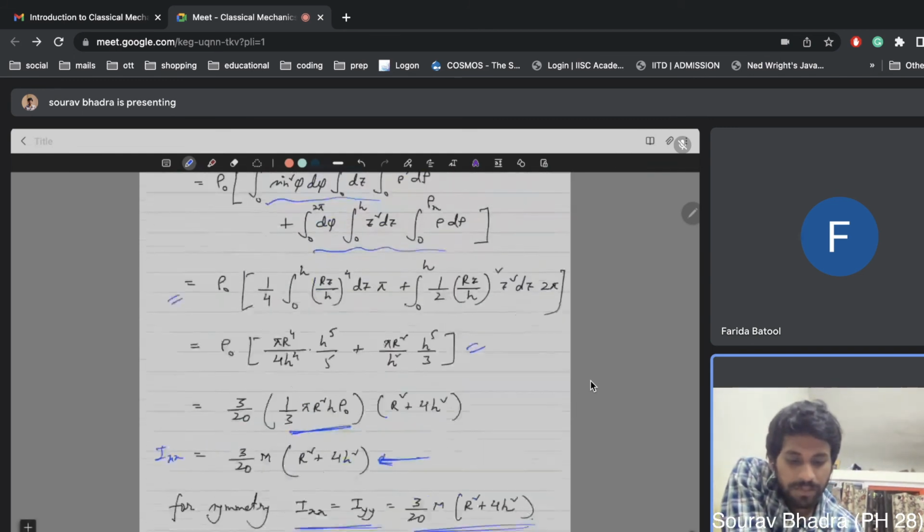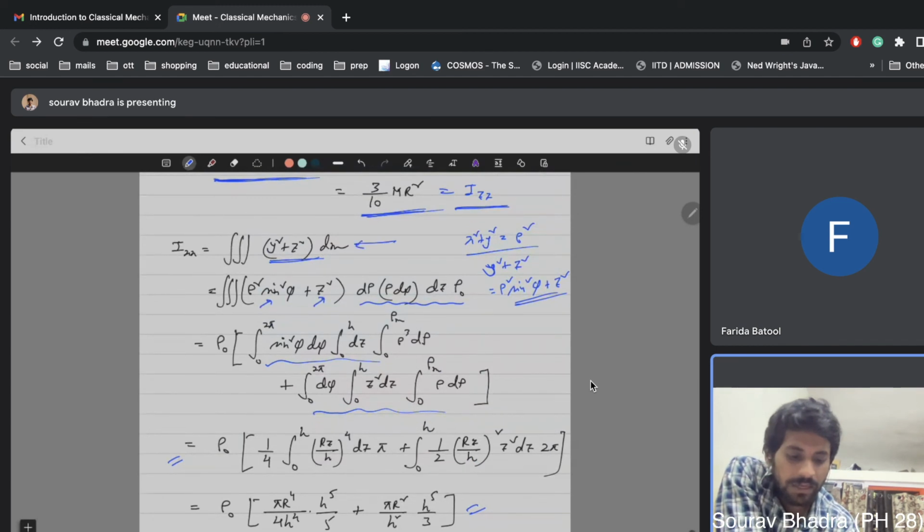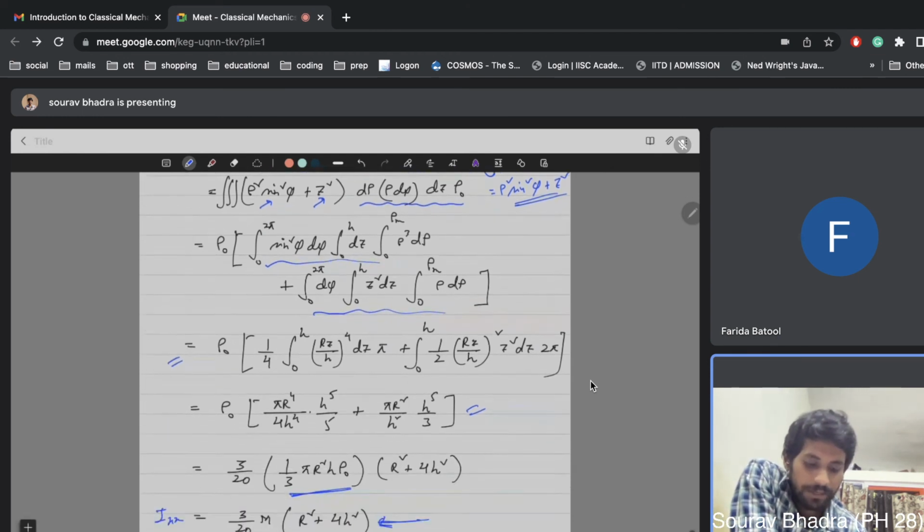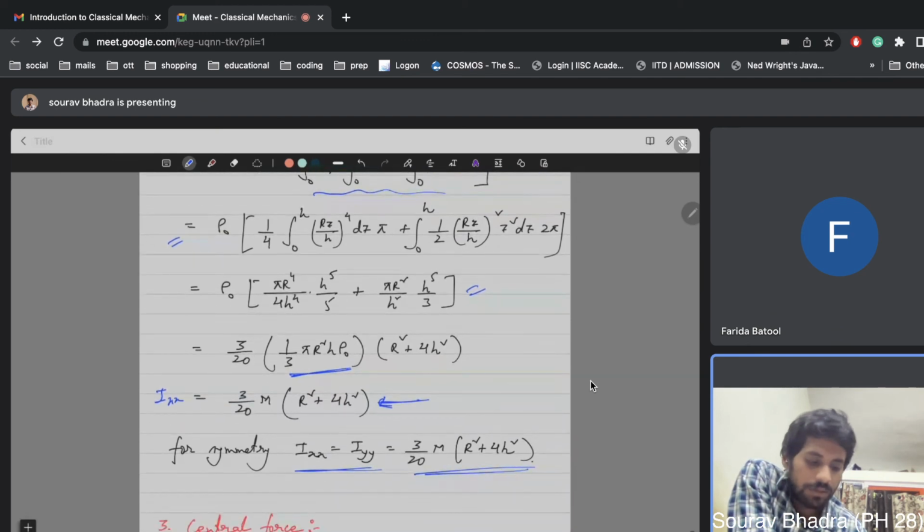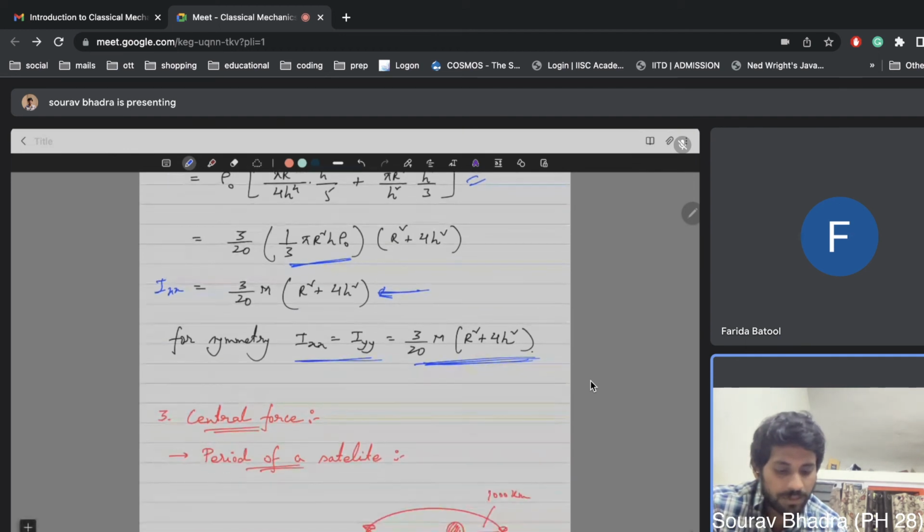The main thing is doing this integration properly by taking the transformations between coordinate systems in a proper way. Nothing much, you will get your result. Okay, so this was it. All the other types of systems I have done, just go to those old videos.